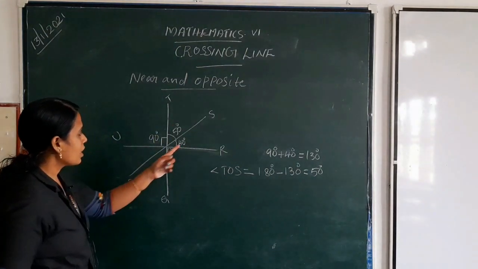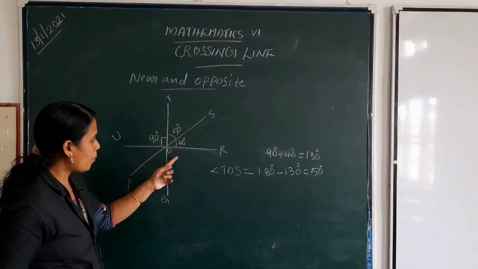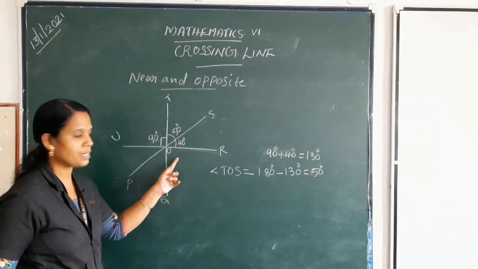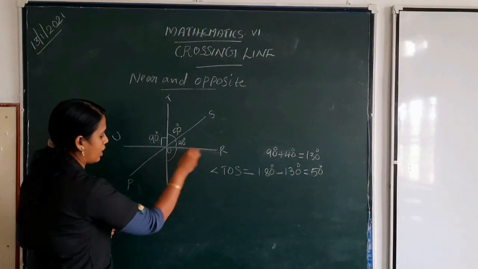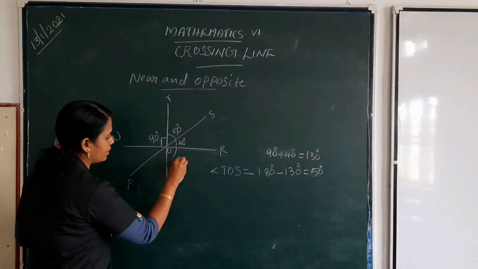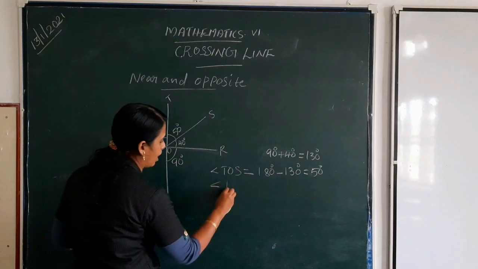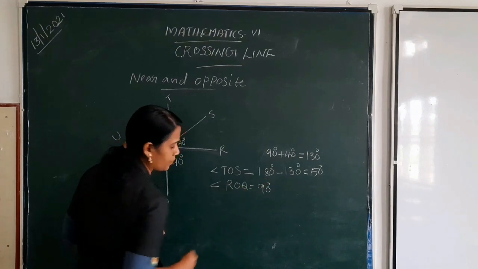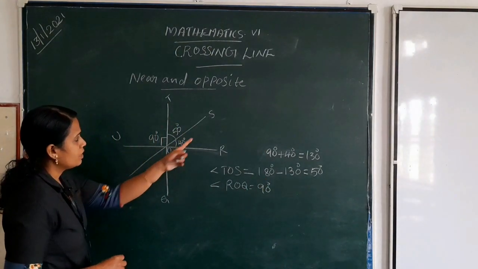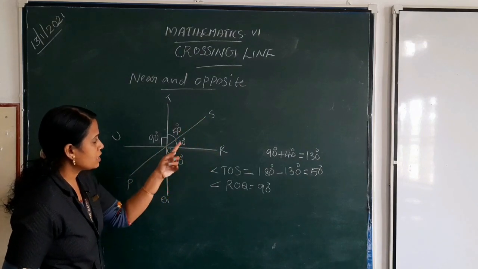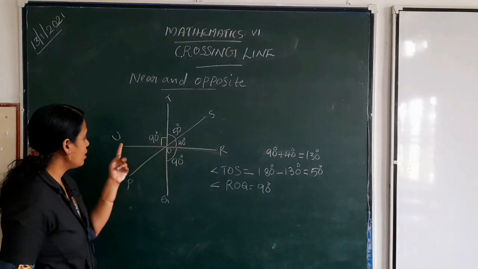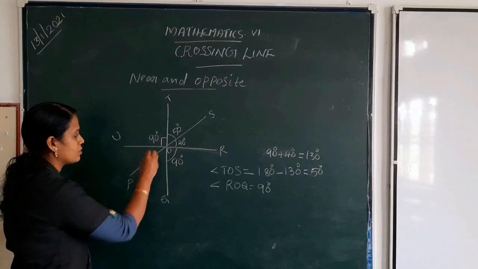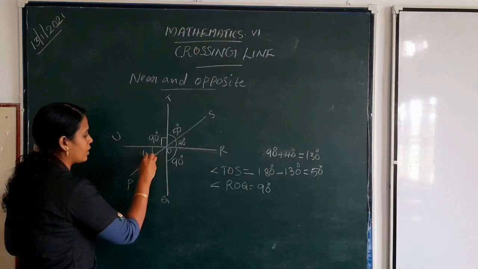Here 90 degree means opposite angle also 90 degree. So angle ROQ is equal to 90 degree. Next one SOR is 40 degree. The opposite angle UOP, so this also 40 degree.